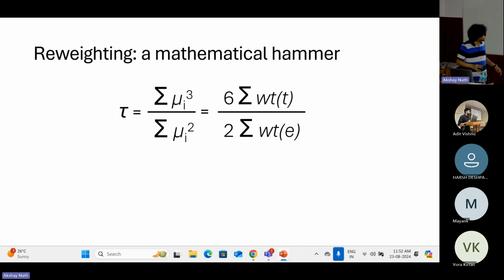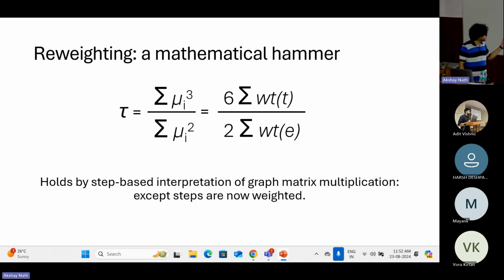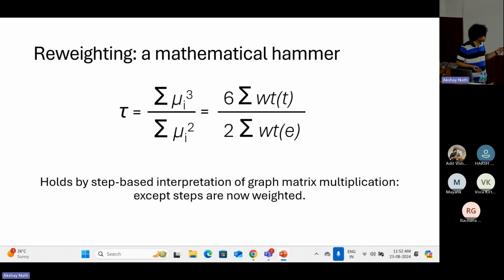So I can connect the spectrum of the graph to a combinatorial algorithm. I don't need to do any Rayleigh quotient type of stuff, it just goes through. And this holds exactly through the same step-based random walk, matrix multiplication argument I was describing, except the steps are now weighted.